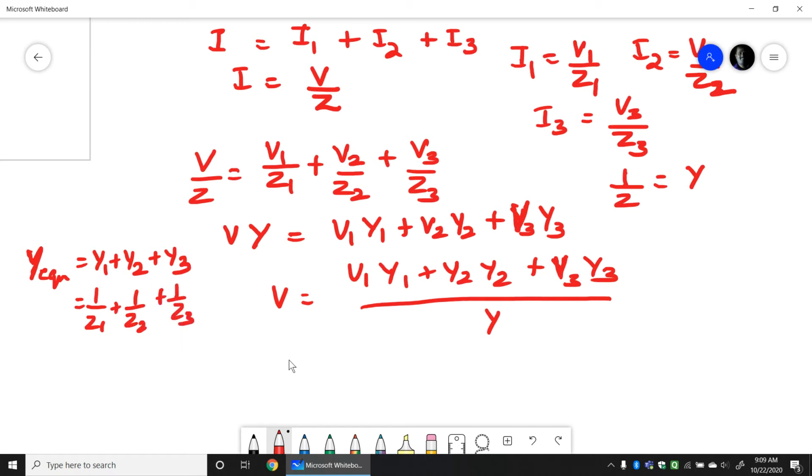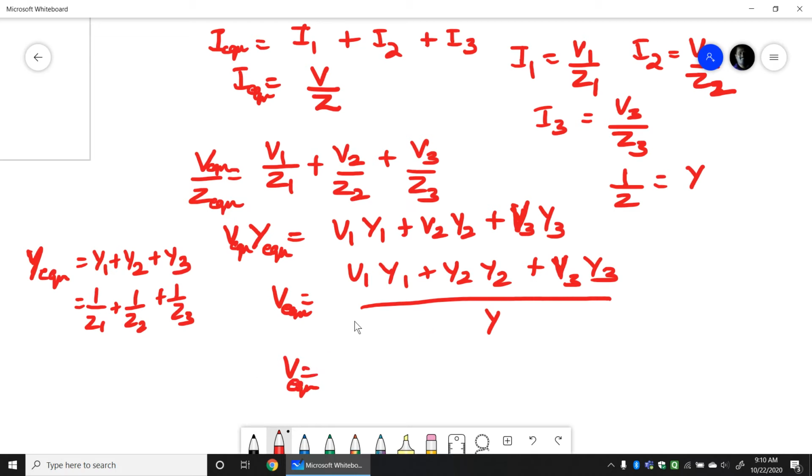So therefore this is V equivalent, the total V equivalent of the circuit. So this is V equivalent, this is Y equivalent. Okay, so I can say this is V equivalent, Z equivalent, and this is I equivalent. Whatever we are finding out as V equivalent, it is excluding the load impedance.